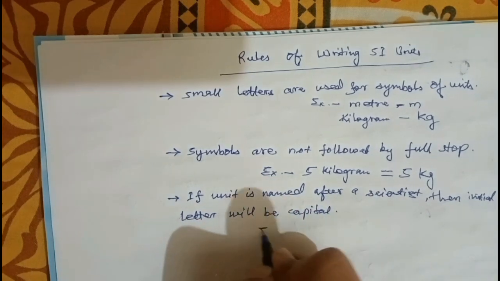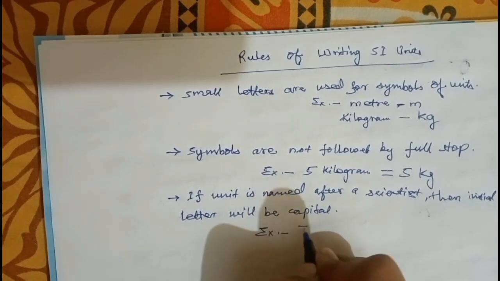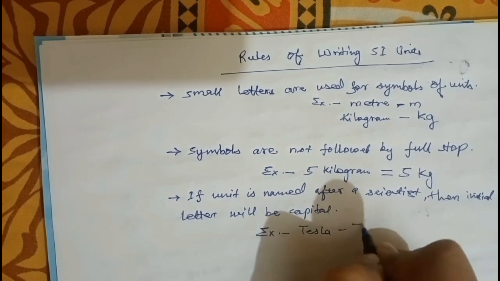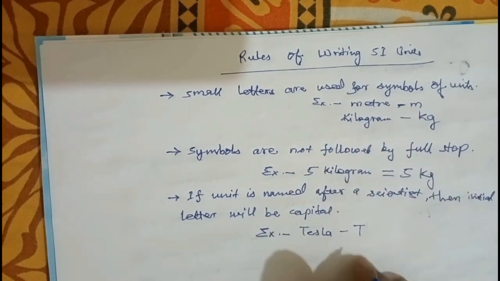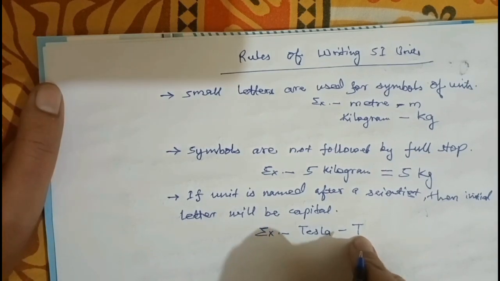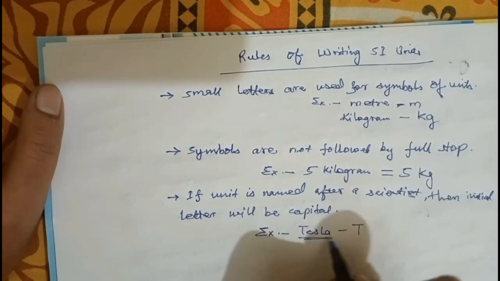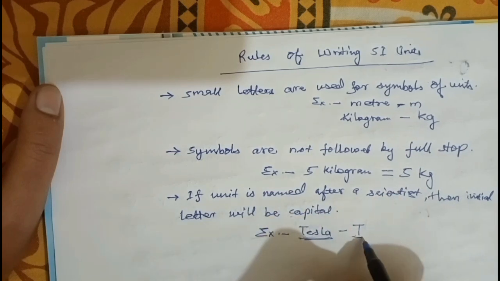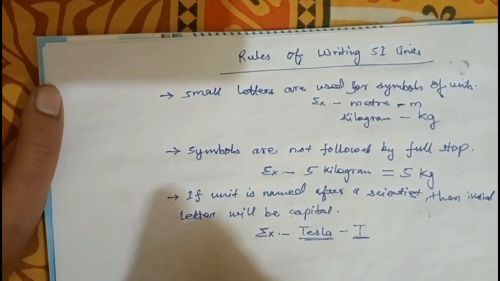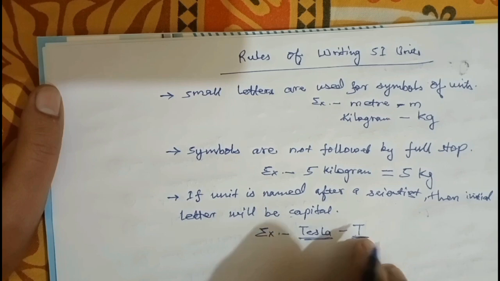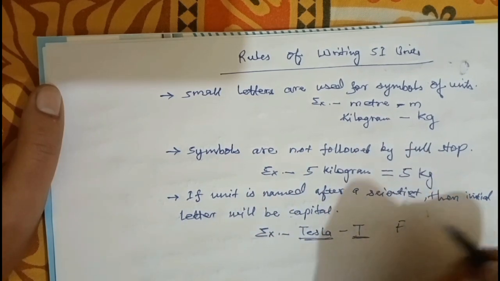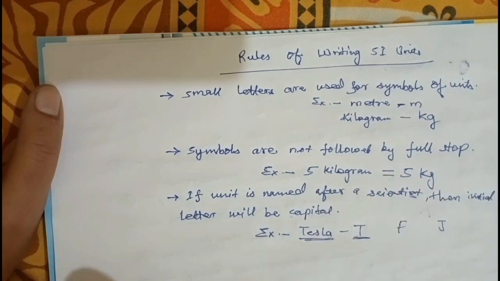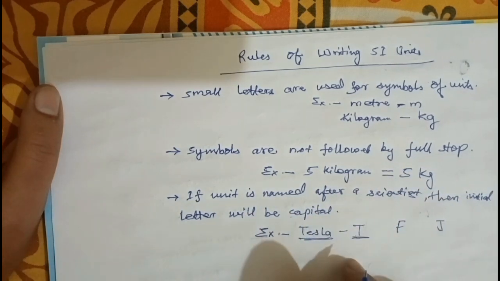For example, do you remember Tesla? Unit T. T is the abbreviation. This is a capital letter. This is the name of a scientist, Tesla, and the initial letter is capital T. Faraday, it is capital F. Joule, it is capital J. These are all scientists. Okay.